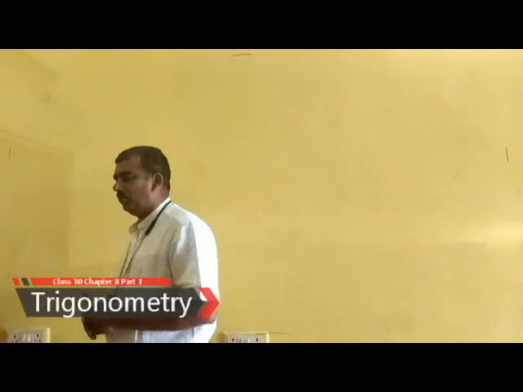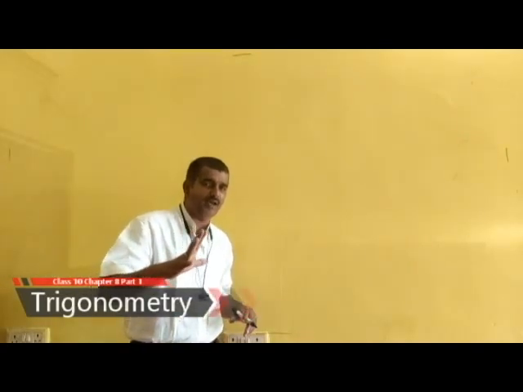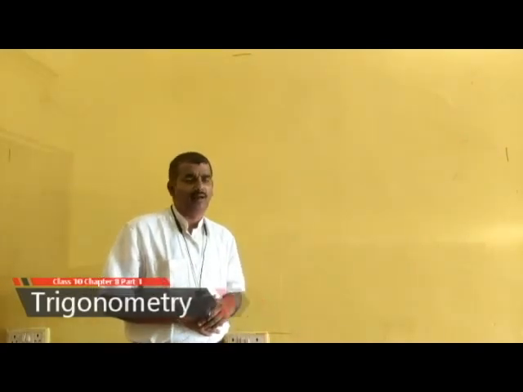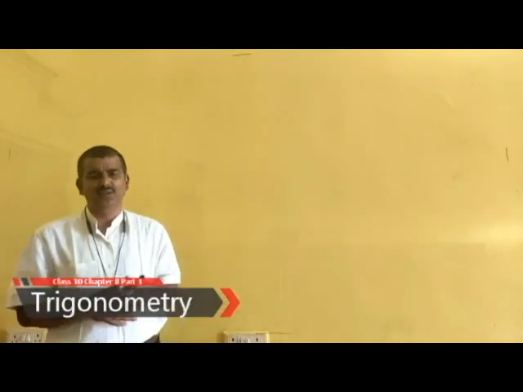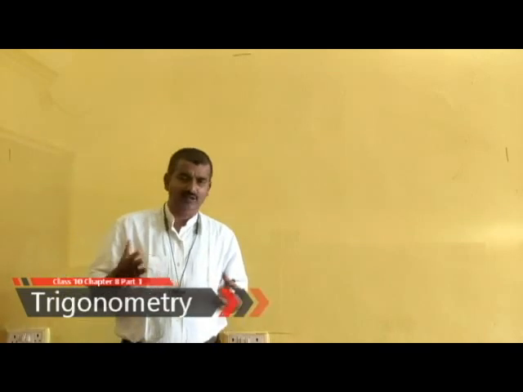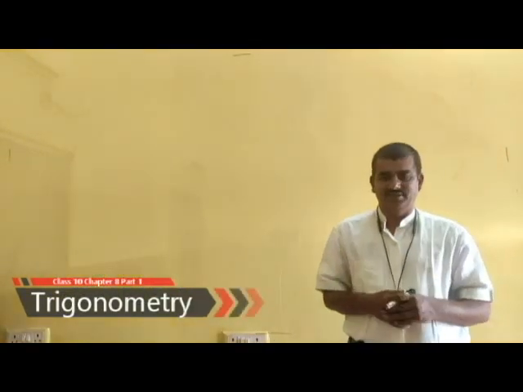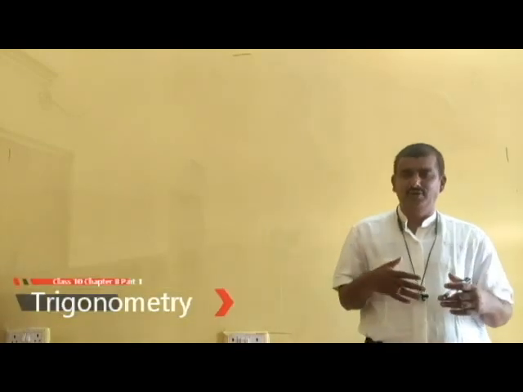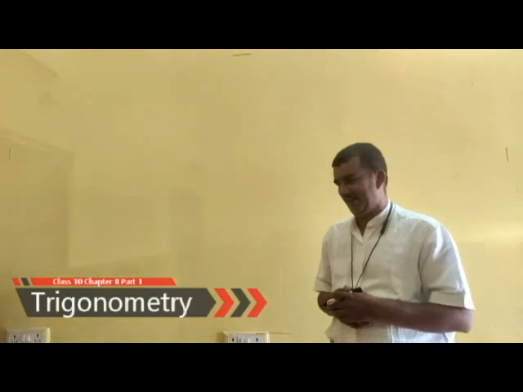Now we are going to study a new topic, some specific angular values of trigonometry. I told you the ratios of specific angles remain constant. What are those constants? What are those values? How will we derive those values? Everything we are going to study from this class.